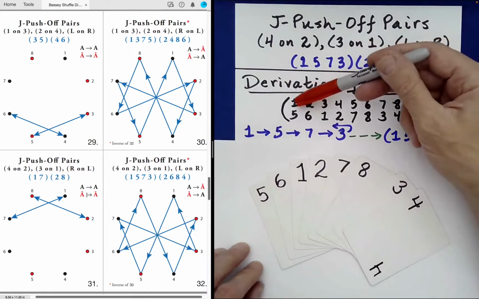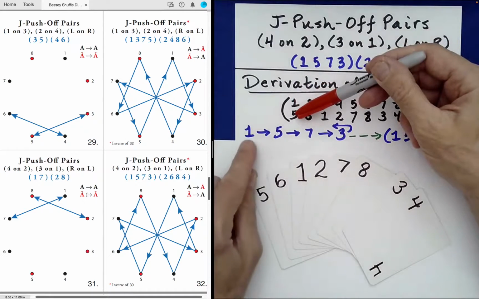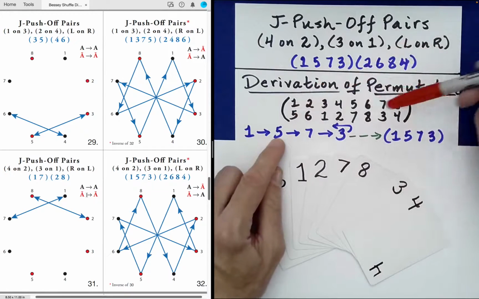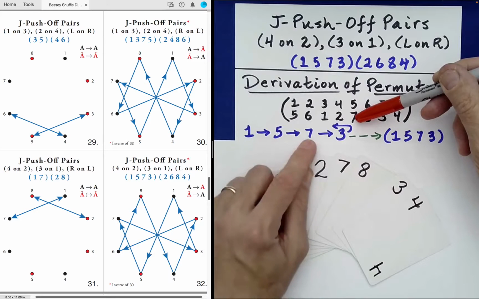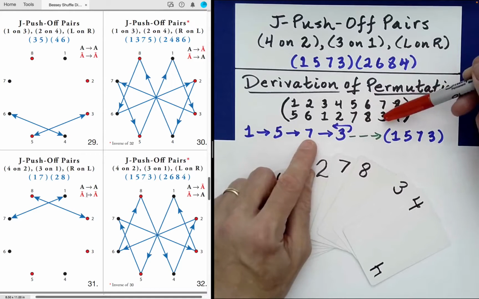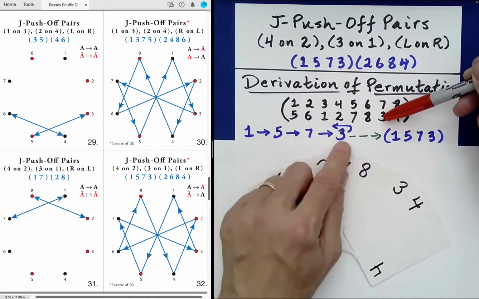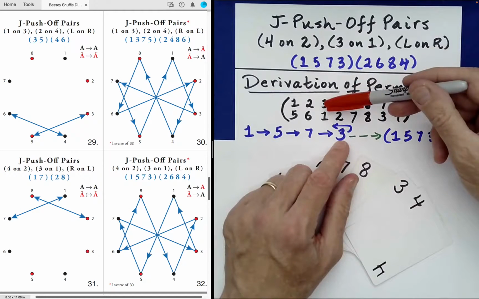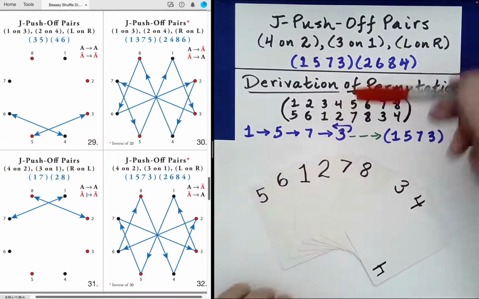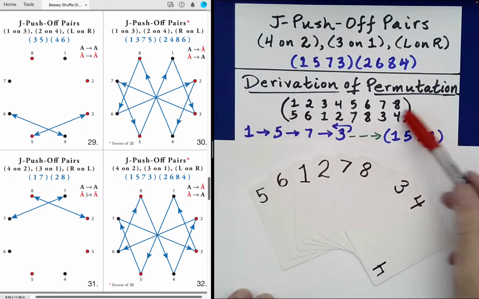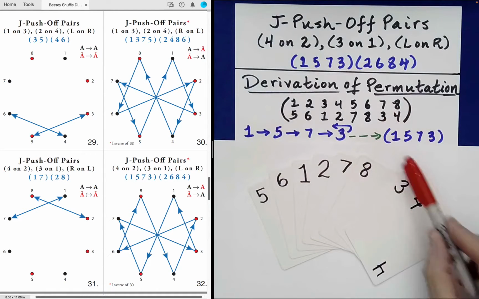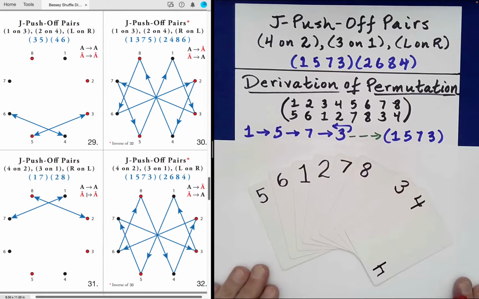We see that 1 goes to 5, so there's an arrow from 1 to 5. 5 goes to 7, so there's an arrow from 5 to 7. 7 goes to 3, so we have an arrow from 7 to 3. And 3 returns back to 1, so that completes that cycle. In particular, it is a 4-cycle, since it consists of 4 position values.